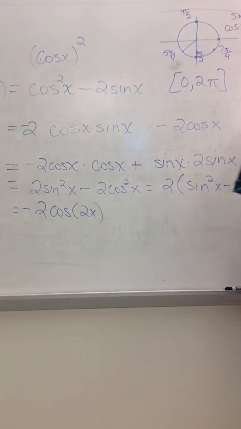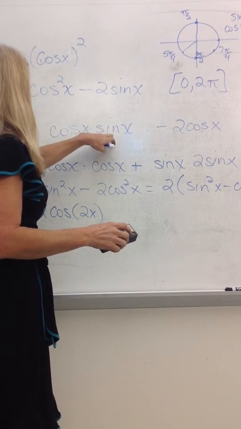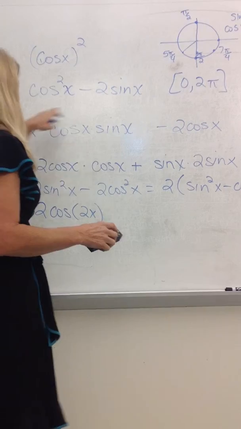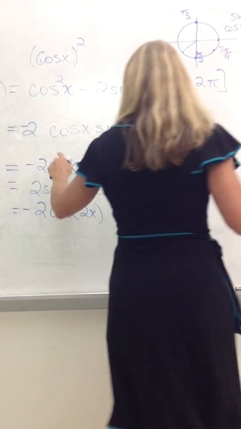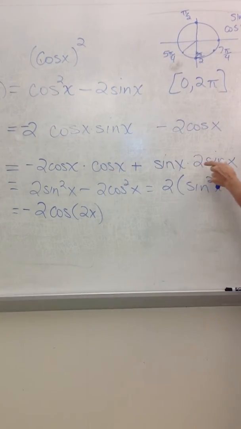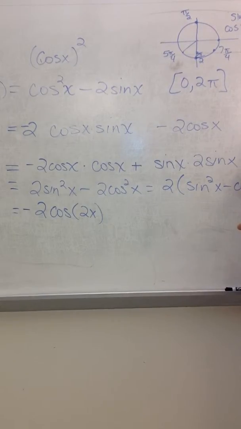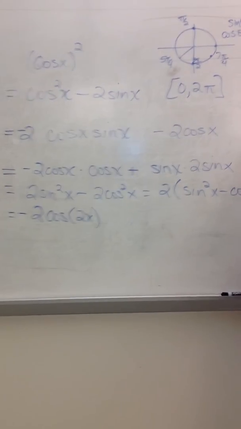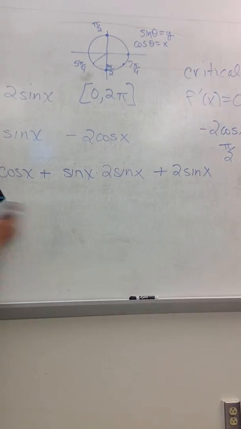Hang on, let me erase here, because that would only affect our second derivative, right? Our first derivative is okay: 2 cosine of x, and then the derivative of cosine is negative sine, and the derivative of this would be -2 cosine, so that's all fine. We did the first times the derivative of the second plus the second times the derivative of the first, and you are correct, Dustin. So we would get +2 sine of x. Yeah, okay, that's going to change our second derivative.